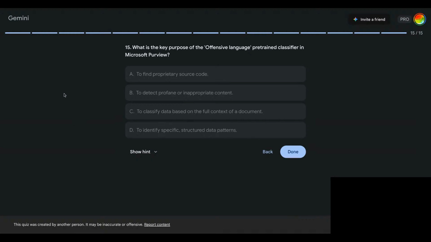Okay, let's look at the last question. What is the key purpose of offensive language pre-trained classifier in Microsoft Purview? So why would I use this classifier in Microsoft Purview?